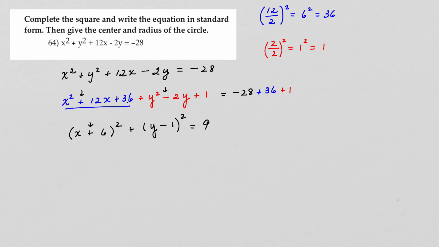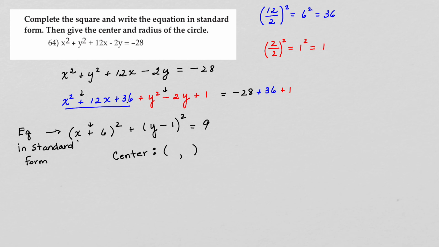Okay, so now we've got the equation of the circle. So that's my equation in standard form. And I want the center of the circle, which is going to be a point.